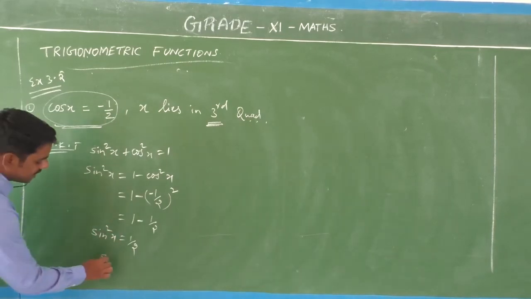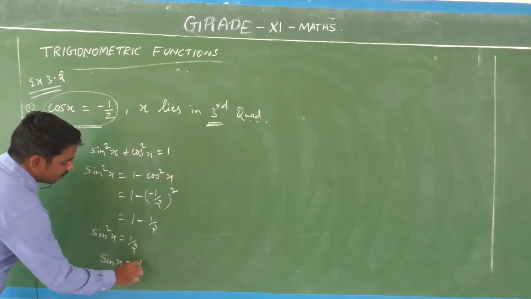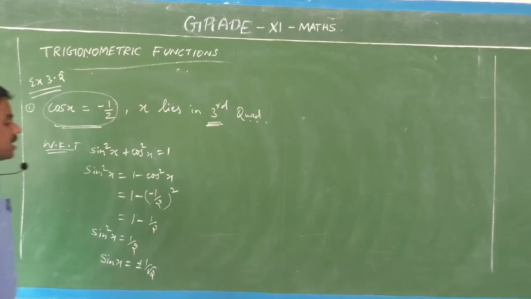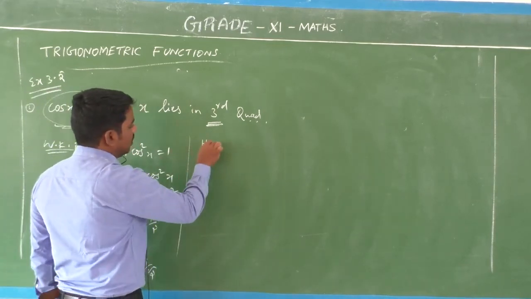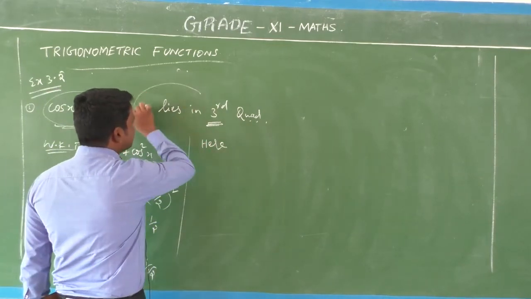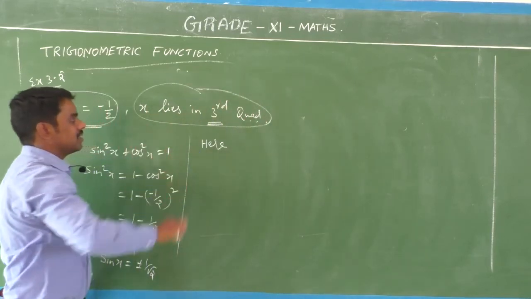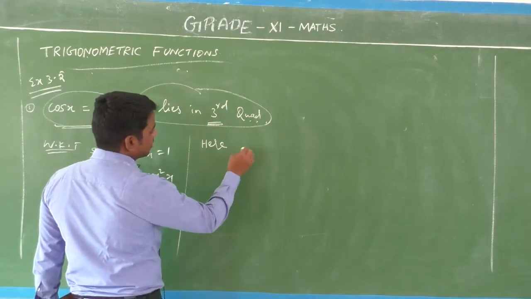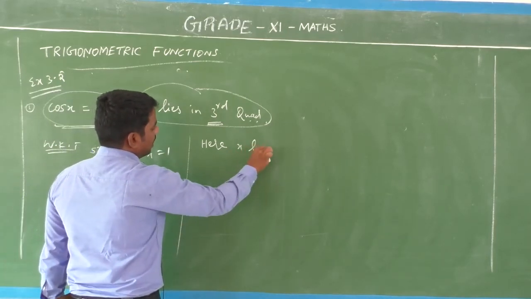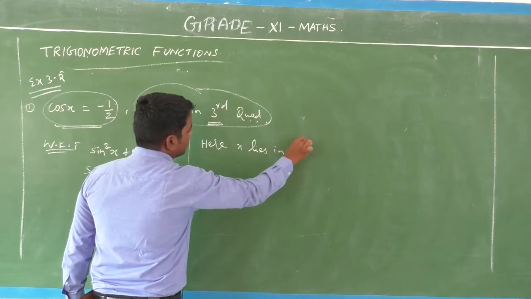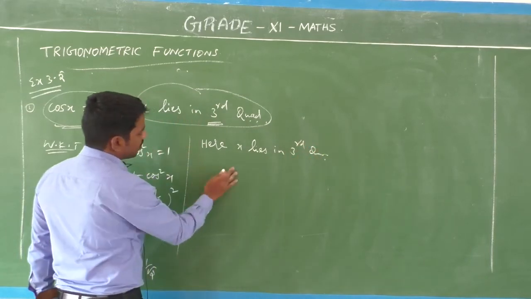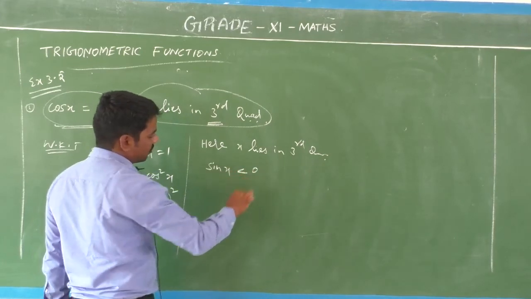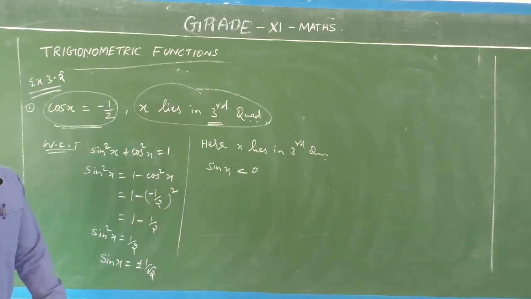Then sin x is equal to plus or minus 1 by root 2. Here x lies in the third quadrant, so sin x is less than 0; sin x is negative.